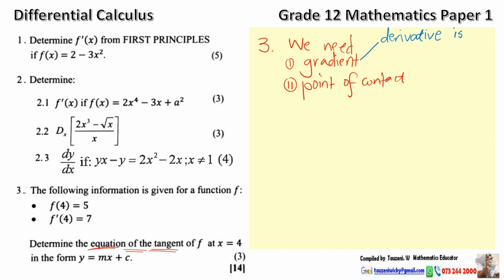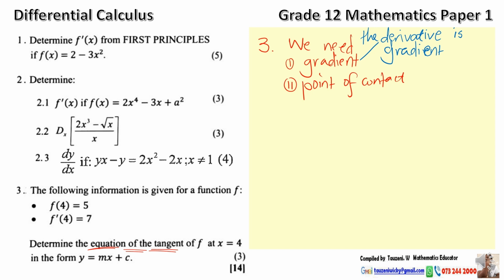So the derivative is the gradient. You differentiate the expression and determine the derivative. That derivative will lead you to the gradient of the line. It is very much important to understand the derivative is the gradient.